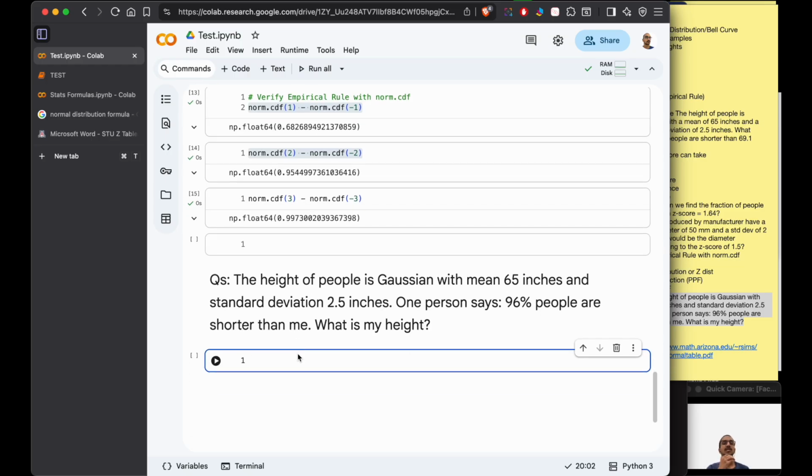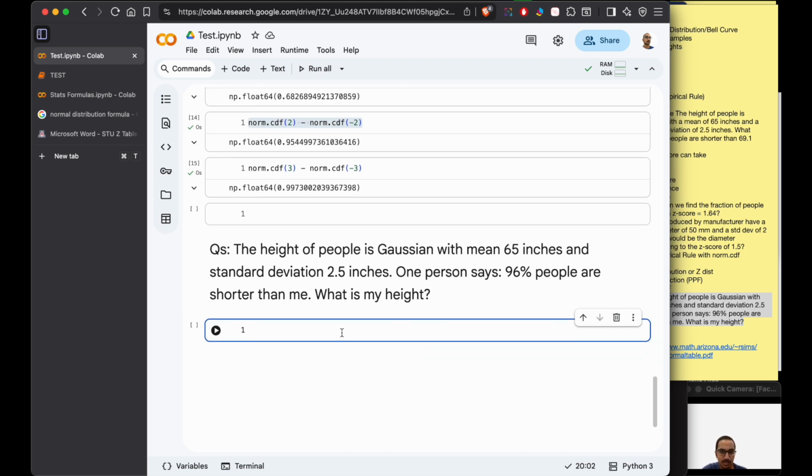So the height of people is Gaussian. They're already saying it's a normal distribution with mean 65 inches and standard deviation 2.5. So mu is 65 and sigma is 2.5. And one person says 96% of people are shorter than me.